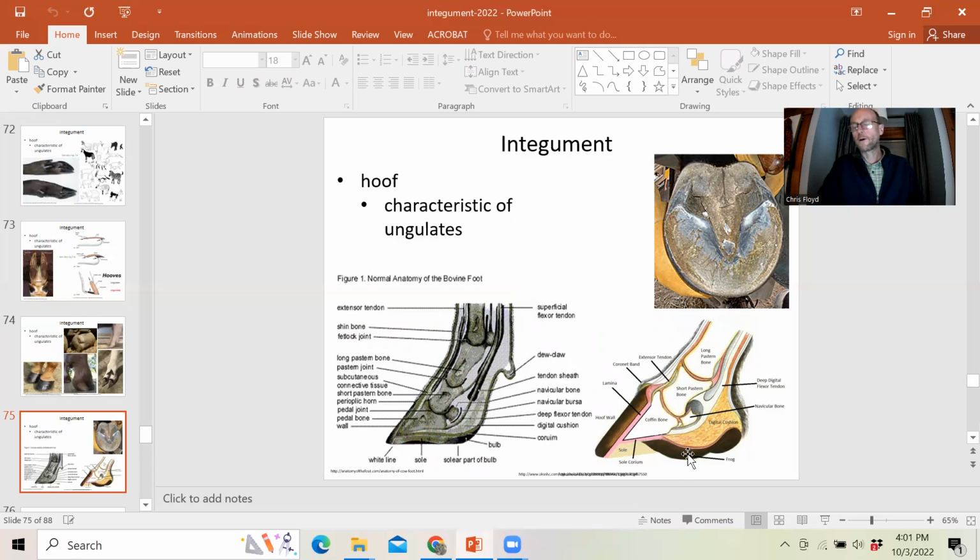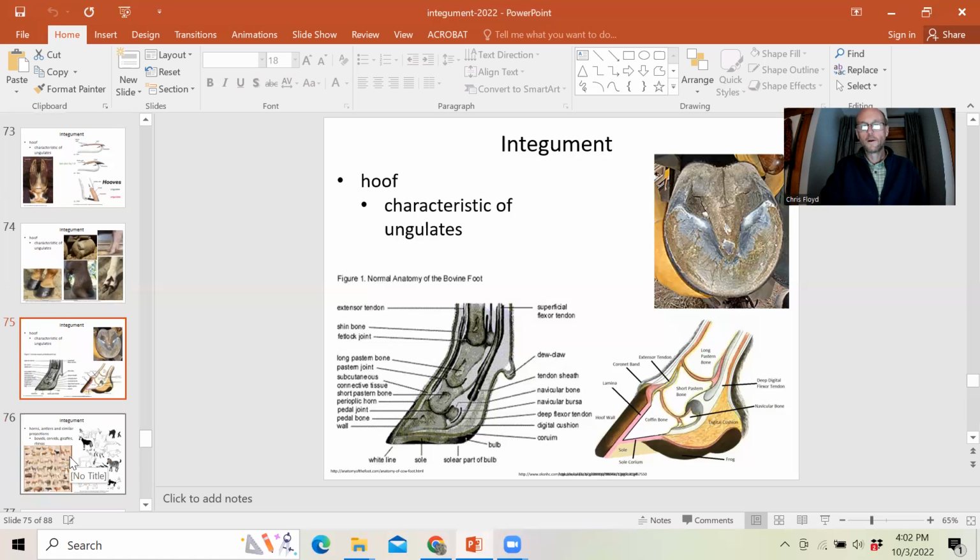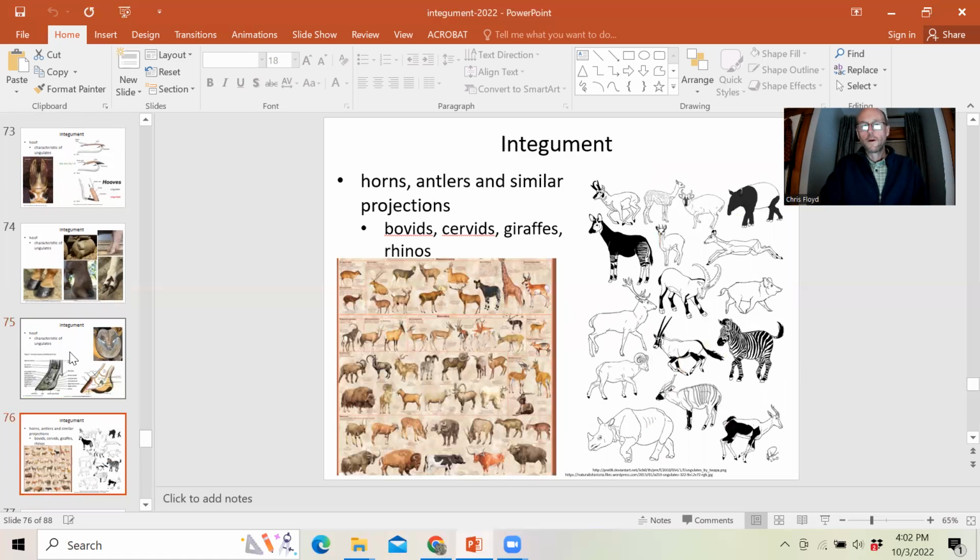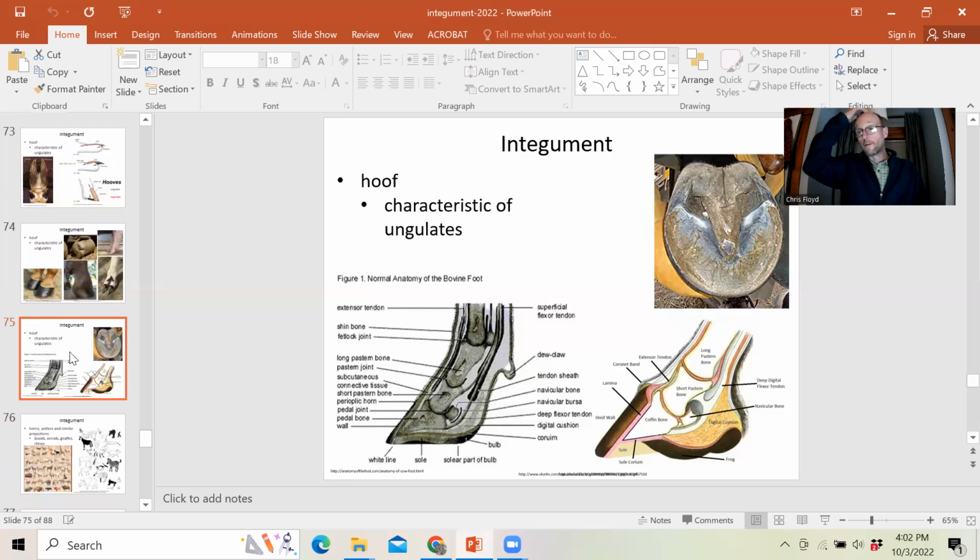You always want to wear something on top to have some layer of fabric between you and that nail, because it's quite sharp. Not sharp like a claw, but sharp enough that it can cut you. Look at this, these three bone segments and the hard tissue surrounding the whole thing. So those are hooves.